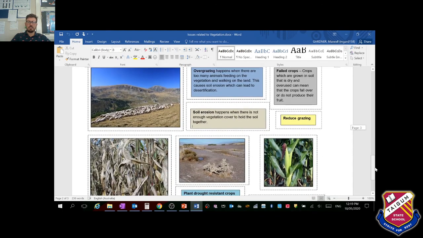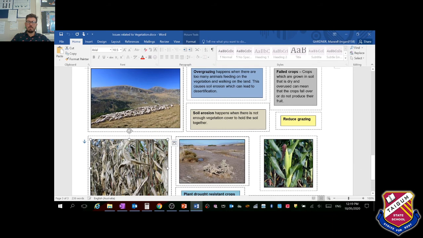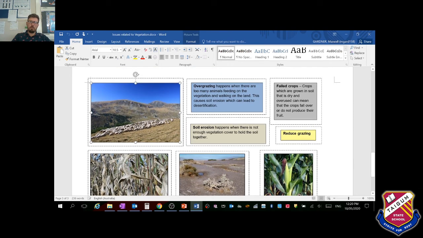Now as for the pictures, this picture here relates to failed crops. So I'm going to put that picture above the failed crops, which is a cause. This one, overgrazing, I'm going to put that with the caption overgrazing, which is another cause.